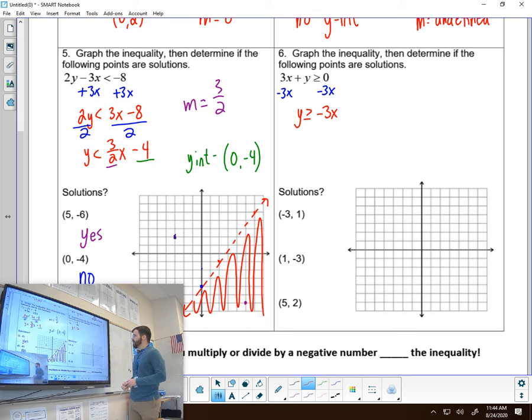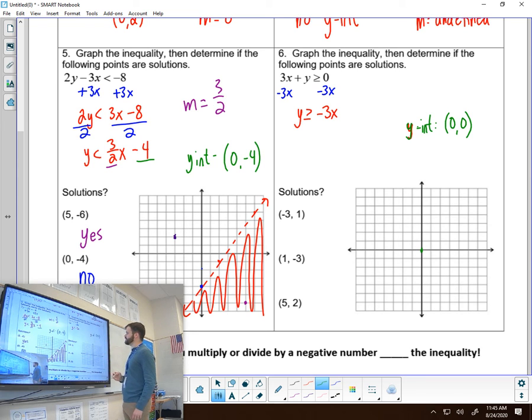So what's my y-intercept? Well, I don't have one here, right? If you do not have a y-intercept, your y-intercept is just going to be 0. So I'm going to say my y-intercept is going to be at 0, 0.